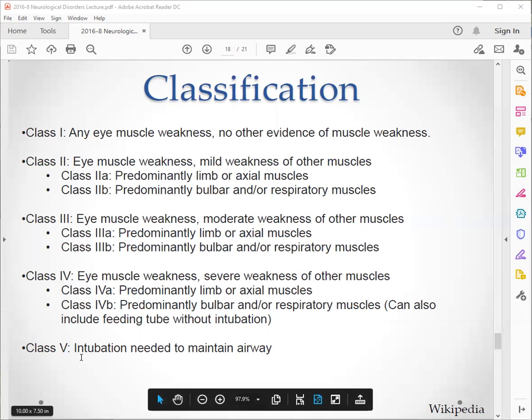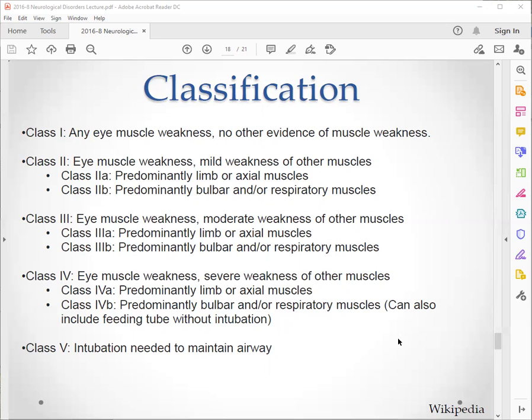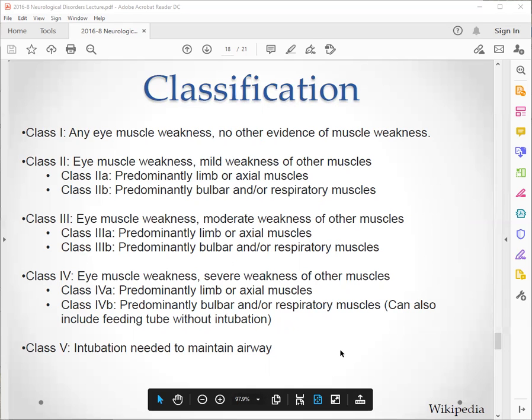Class 5, oftentimes intubation is needed to maintain a patent airway. That would involve the most severe respiratory muscle weaknesses of all the different classes and be the most serious. So the seriousness of the disease becomes worse as somebody progresses through the different classes.